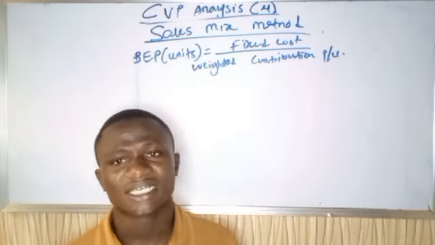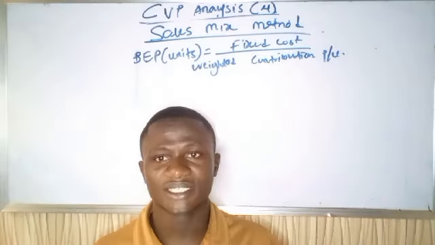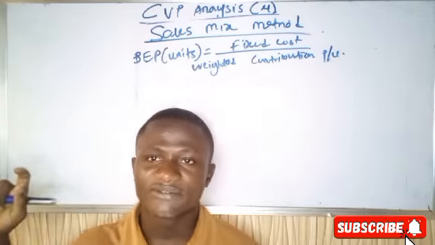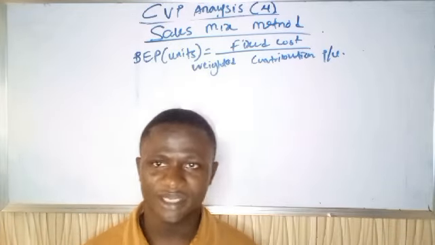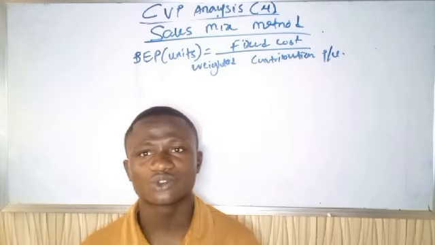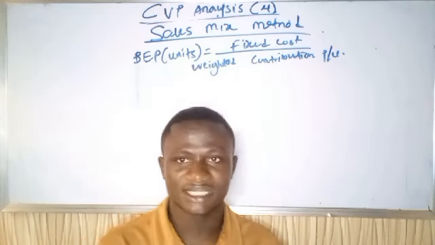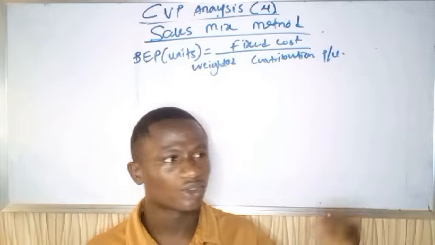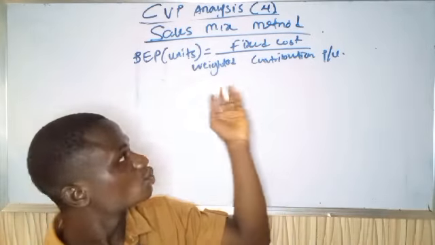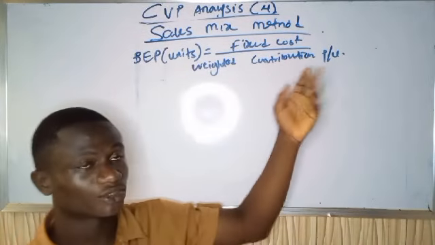If I'm getting a contribution of 12 naira from MA and a contribution of 5 naira from FM, I cannot assume that the contribution is equal, so I have to weight it. So my contribution is now based on the weight of the contribution of each product. That is why this weighting is very important. It's just the fixed cost over the weighted contribution per unit.